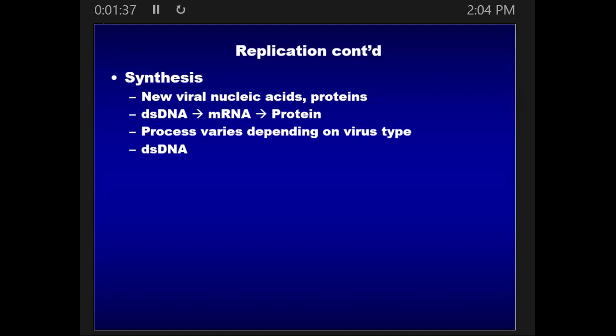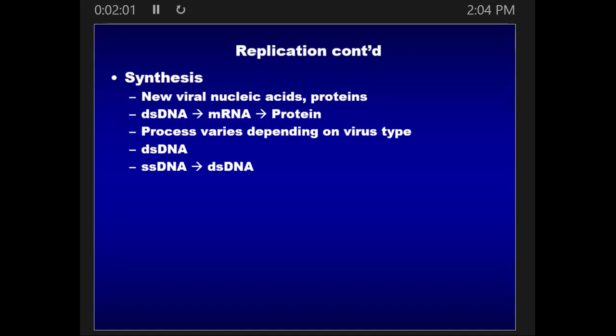So if it's a double-stranded DNA virus, that's probably the most straightforward case because it's pretty easy for them to immediately take the host cell machinery hostage, so to speak, and make messenger RNA off its double-stranded DNA. One of the strands will be used for that. And then it can go ahead and make protein off of that messenger RNA. So that's straightforward.